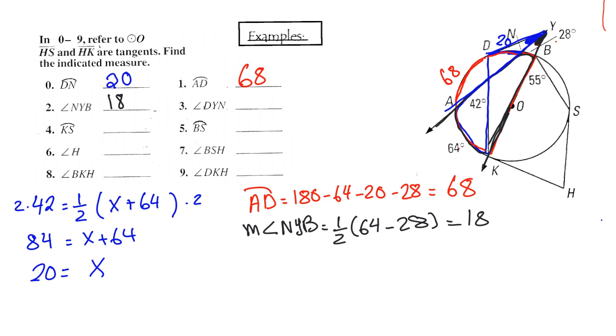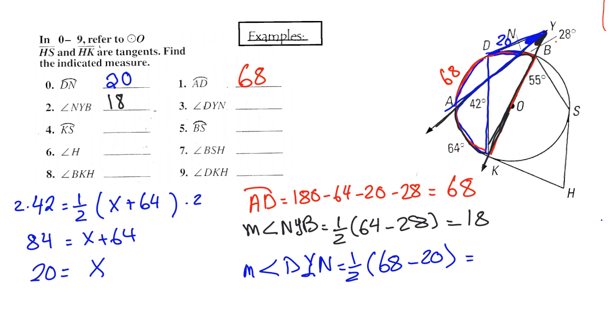So the two arcs connected with that exterior angle, which is DYN, are 68 and 20. So the measure of angle DYN is equal to half of the big arc, 68, minus the small arc, which is 20.